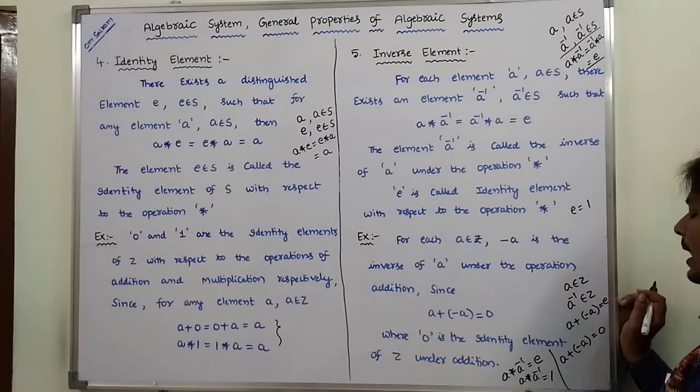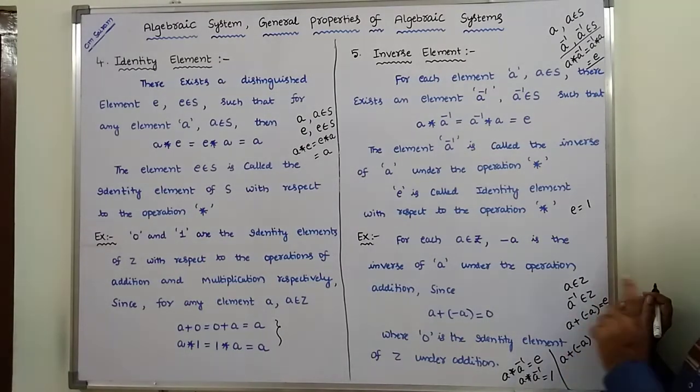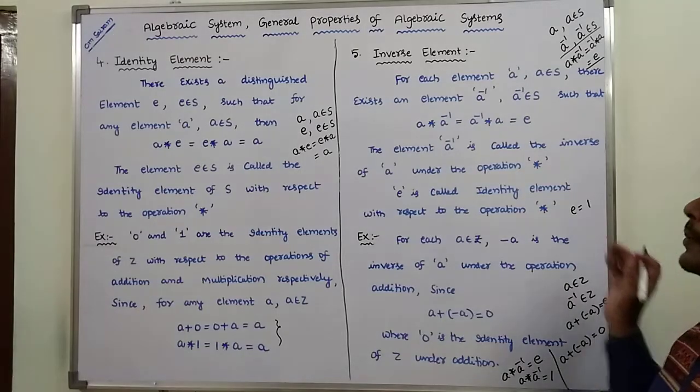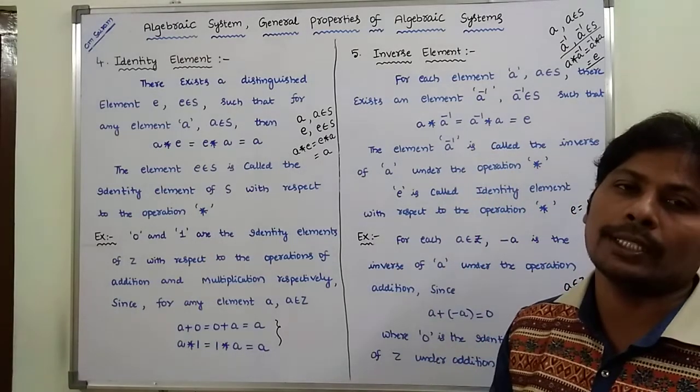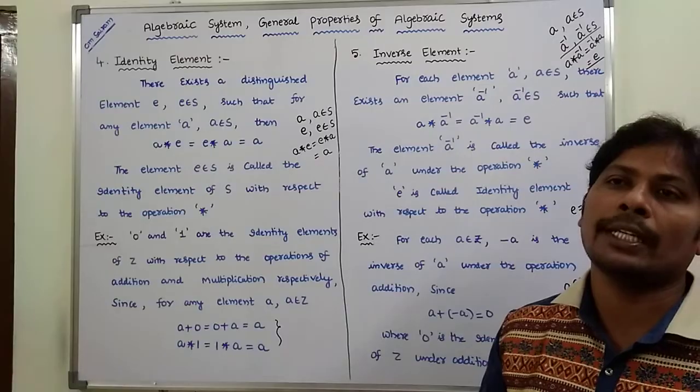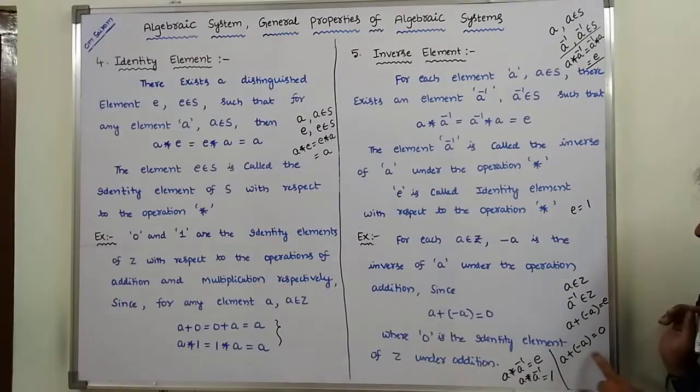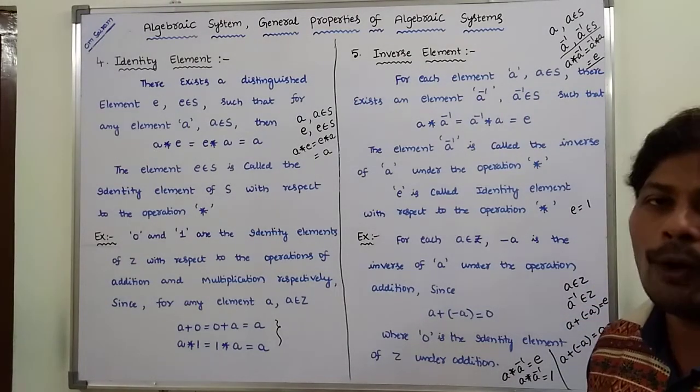So A into A inverse is equal to 1. Okay, so this is the inverse element property. Whenever these two conditions are satisfied, we can say that element A has the inverse minus A. These two elements A and A inverse also belong to Z.